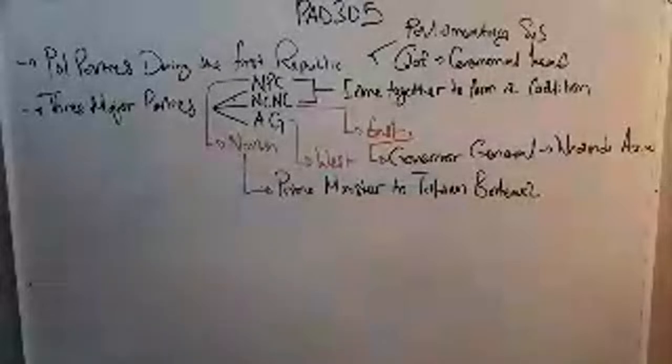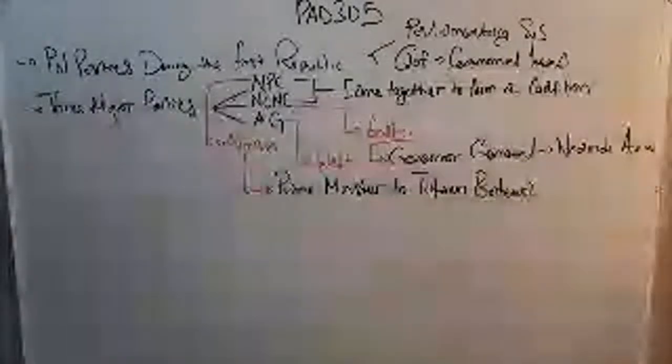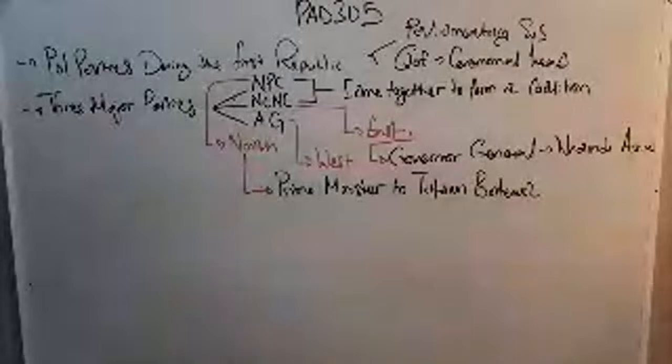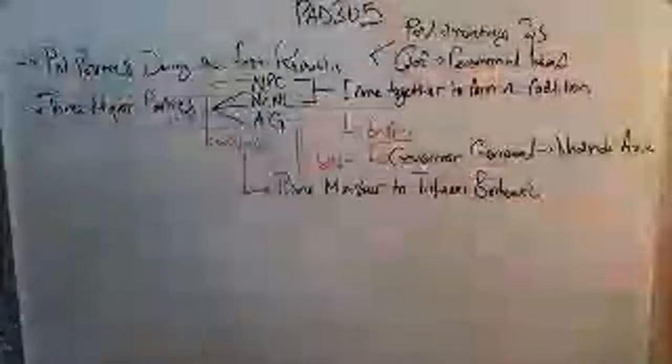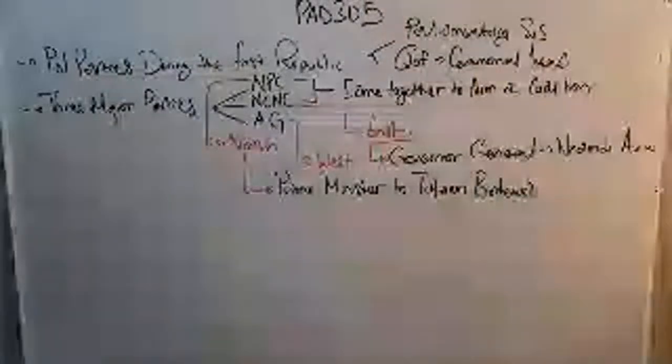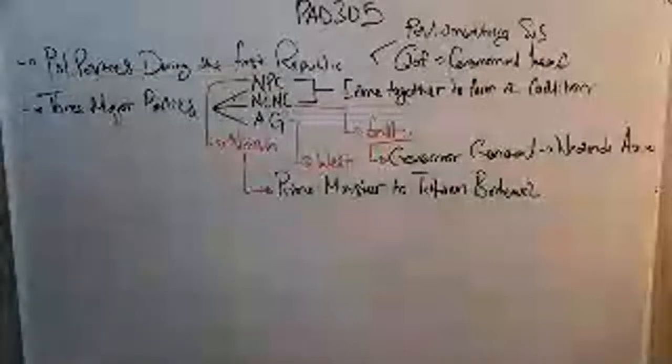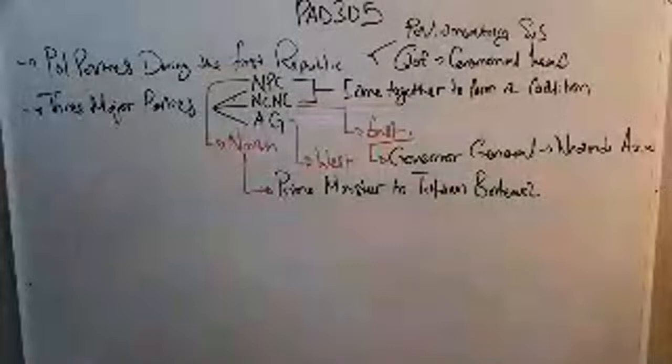It is important to note that major political parties at Nigerian independence were majorly ethnically based. During this era, political parties were based on ethnicity. NPC was for the North, AG for the West, and NCNC for the East.